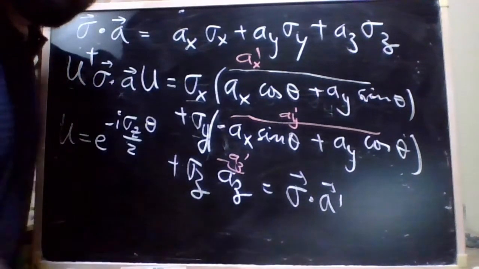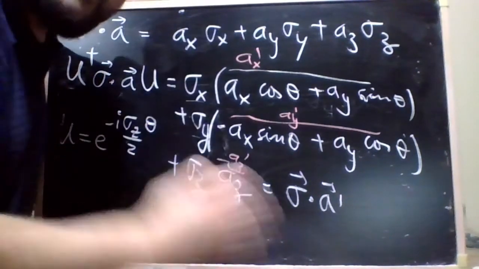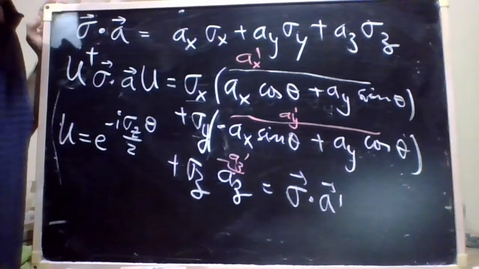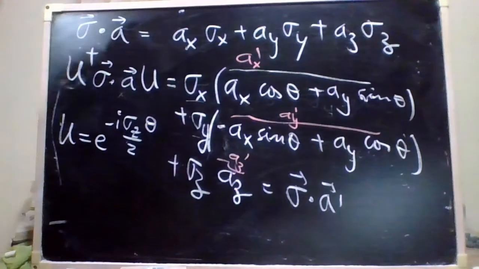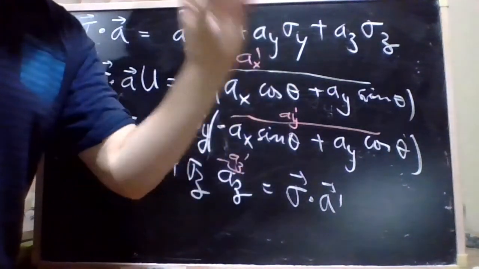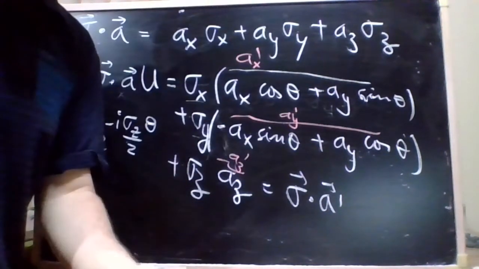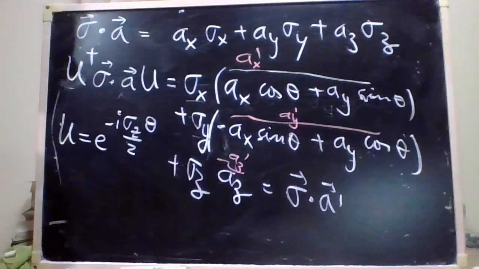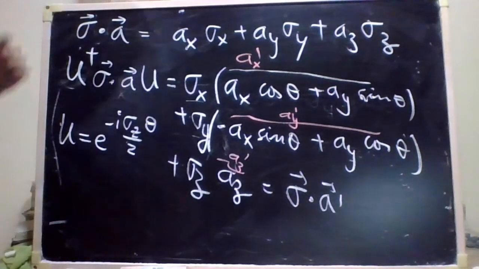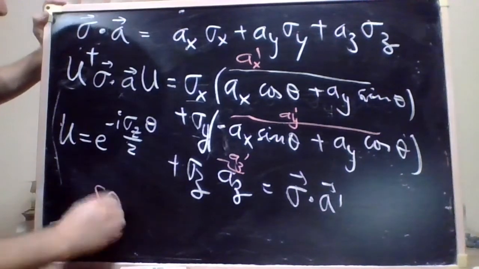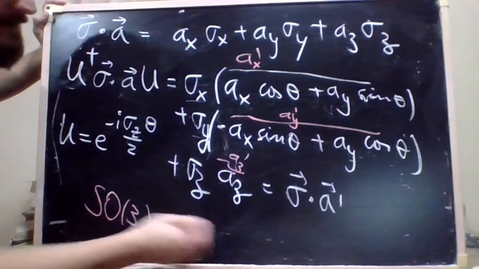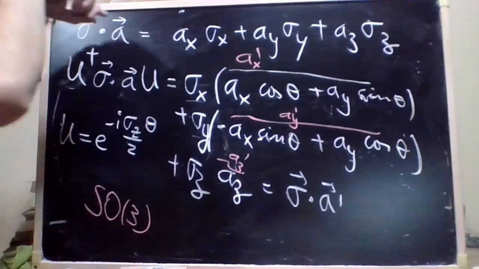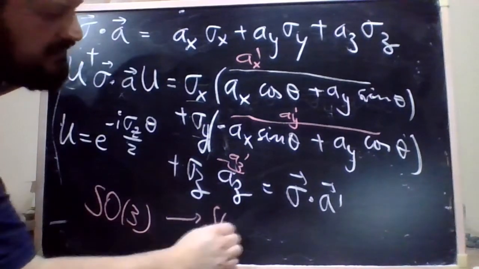So Pauli matrices do perform rotations in vectors, but instead of using 3 by 3 matrices, I am using a 2 by 2 representation of the rotation group. The group SO3 is being represented by something we call SU2.